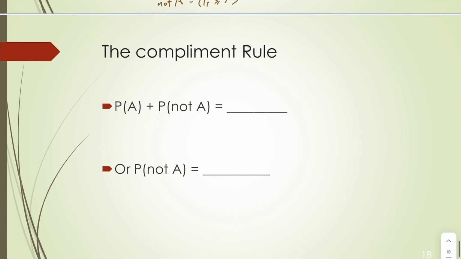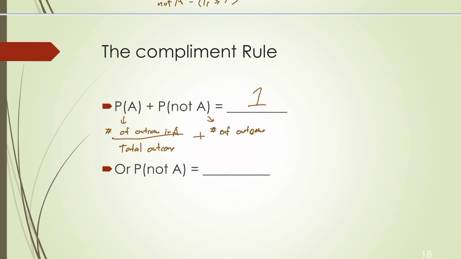Okay, so complement rule. The probability of A, what do you guys think? The probability of A plus the probability of not A is going to be 1. That's going to be everything. So this probability is the number of outcomes in A over total outcomes, plus the number of outcomes not in A over total.